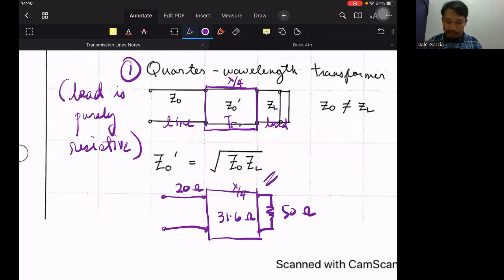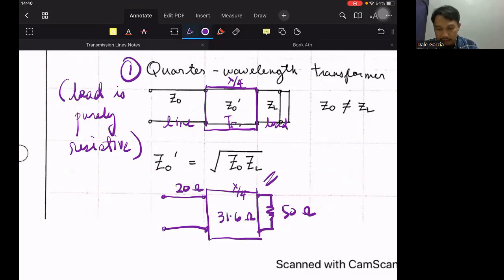If it is not purely resistive, meaning a complex value, the solution is the matching stub, which is a more complicated method.